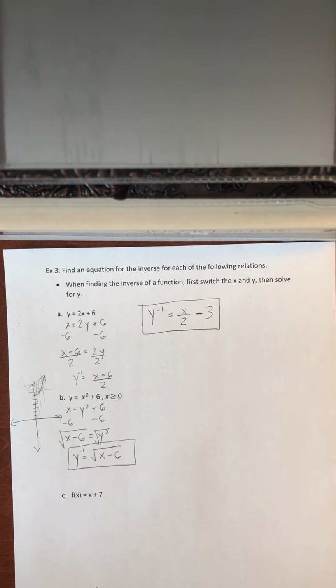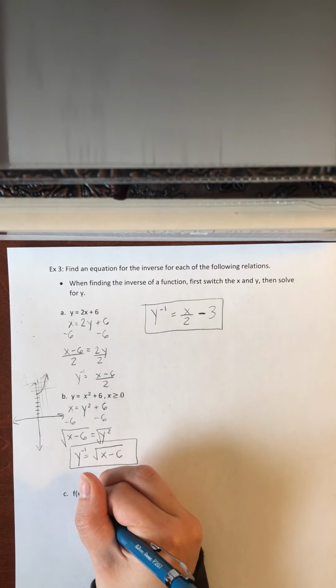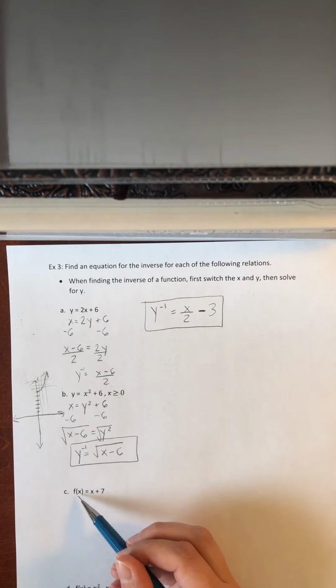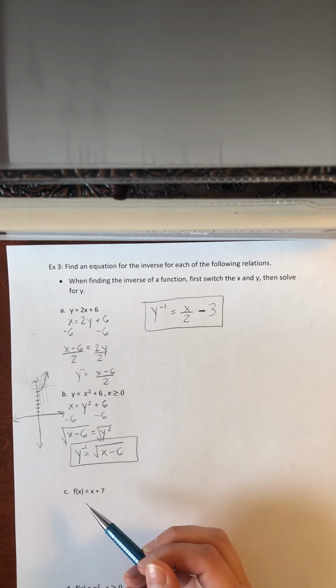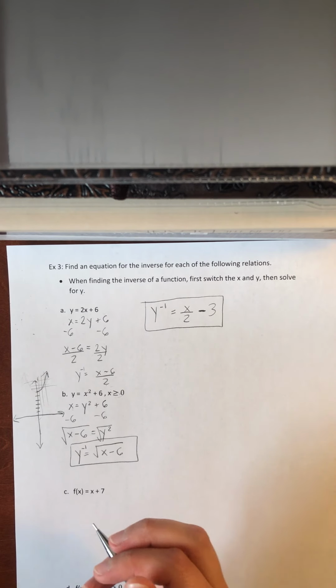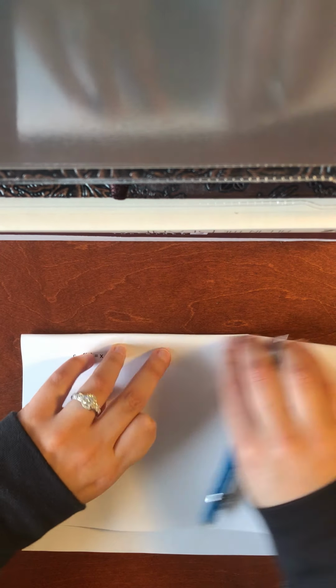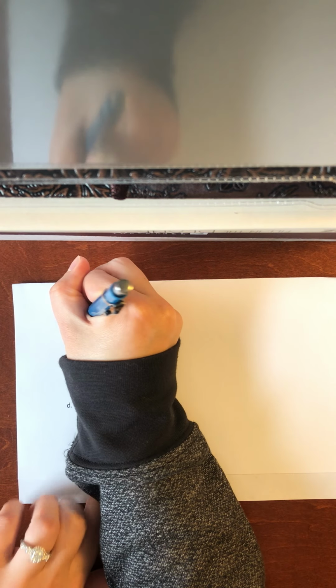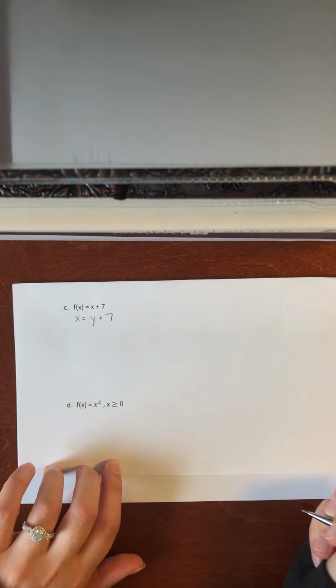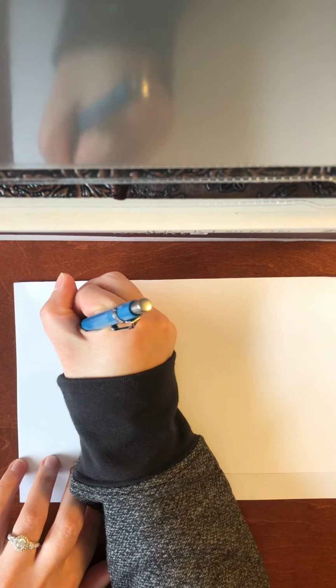Okay, next one. This really says y equals x plus 7, right? Because we know f of x means y. So we are going to move this up real quick just in case you can't see. Okay, so we're going to substitute x here, and we're going to substitute y there. Now you're going to solve for y.